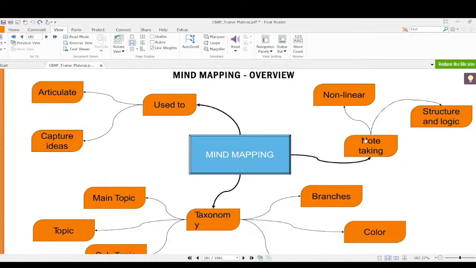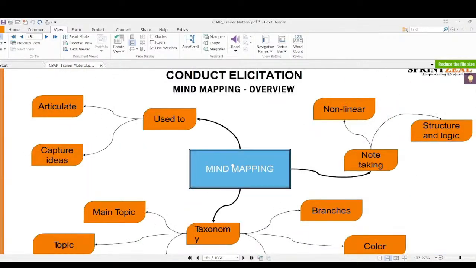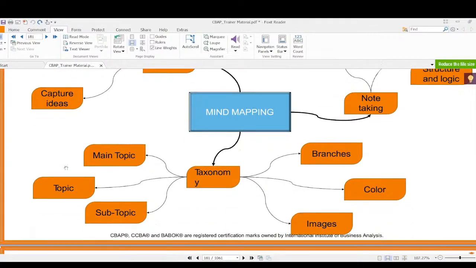So let's say a BA is taking notes. Notes can be taken in how many ways? Non-linear, and structure and logic. If you want to pull more threads out of structure and logic, you can go further. And the same goes for the conduct of elicitation, which is used to articulate and capture ideas. So you are using mind mapping for articulation and capturing ideas.